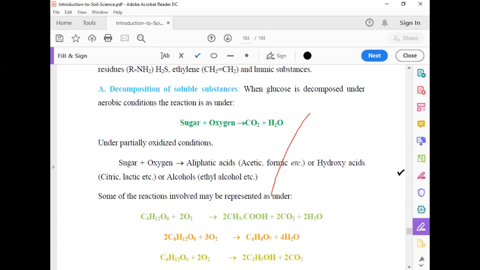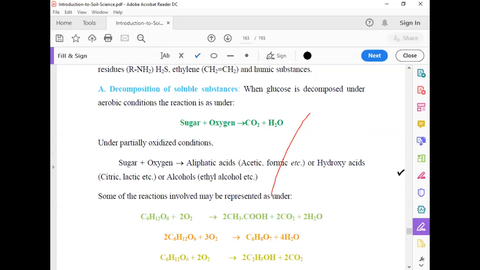For decomposition of organic matter, first we have to decompose soluble substances, that is glucose. When glucose is decomposed under aerobic condition, the reaction postulated is sugar plus oxygen giving rise to carbon dioxide plus water.